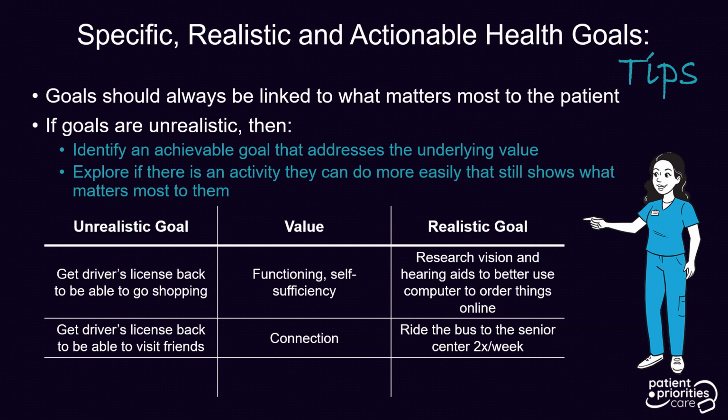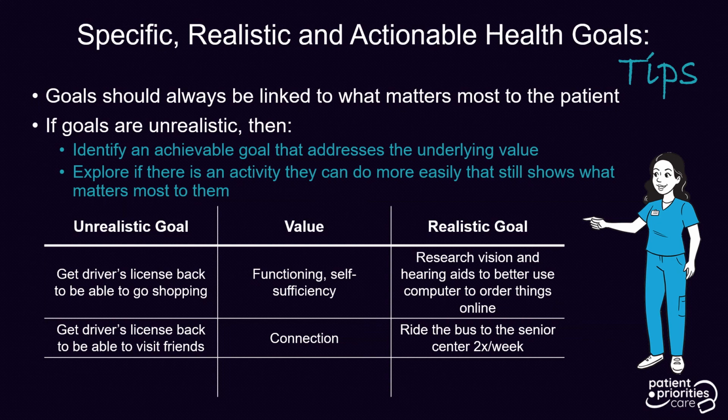For example, a patient may say, "I want to be able to get my driver's license." But that may not be realistic for this patient. If you know the value that underlies this goal, you can work together to identify another realistic and specific goal that still honors the value.